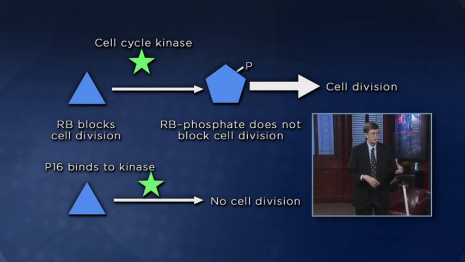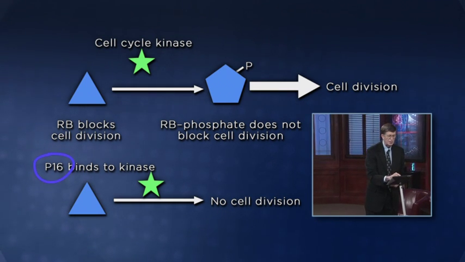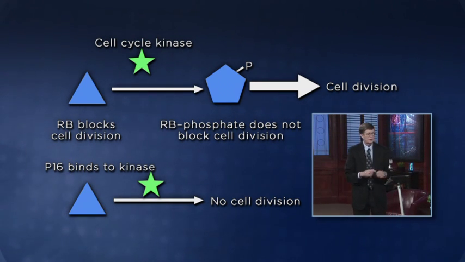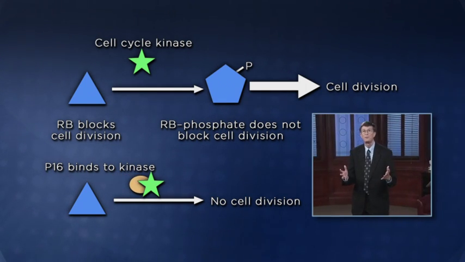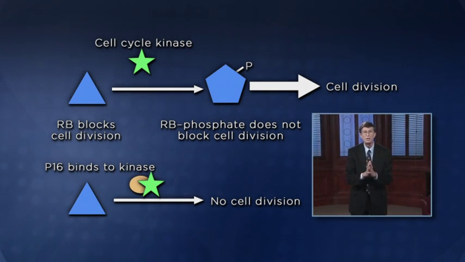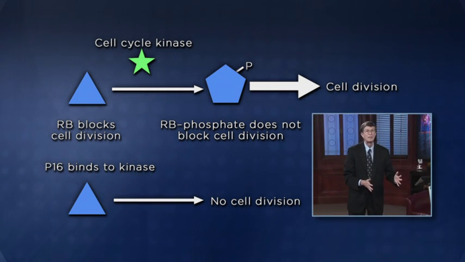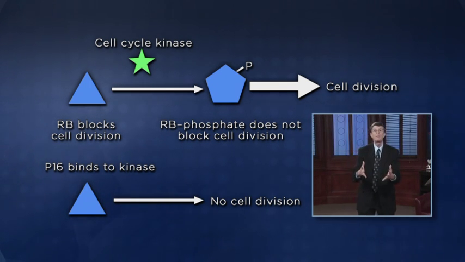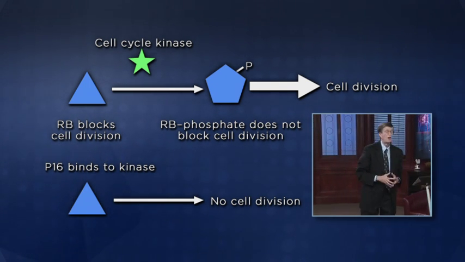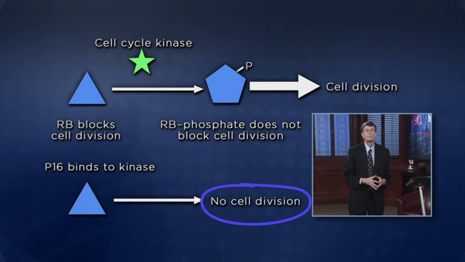So a growth factor may be stimulating the kinase. P16 is a tumor suppressor gene that makes a protein that binds to the kinase. Now if you can understand everything I'm going to say, you're doing really well, which is good. If P16 knocks out the kinase, it can't add phosphate groups to RB. If you can't add phosphate groups to RB, RB stays and the cell cycle is blocked.